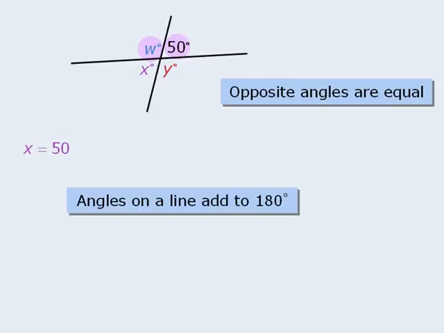Since two angles on a line must add to 180 degrees, we can conclude that w plus 50 must equal 180. From here, we can subtract 50 from both sides to see that w must equal 130. Finally, to find angle y, we can apply either of our two rules to see that y must equal 130.